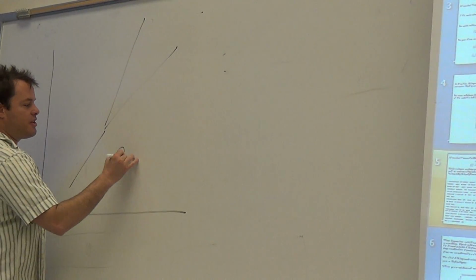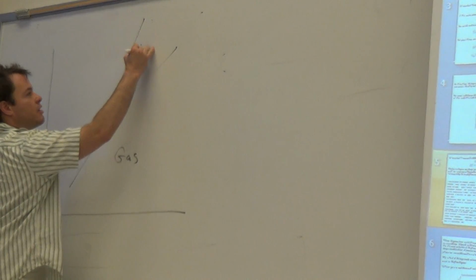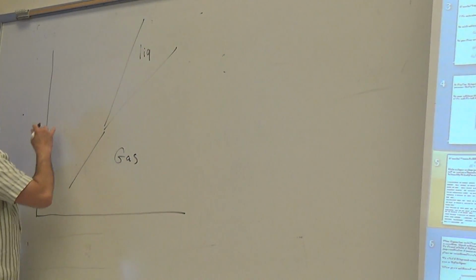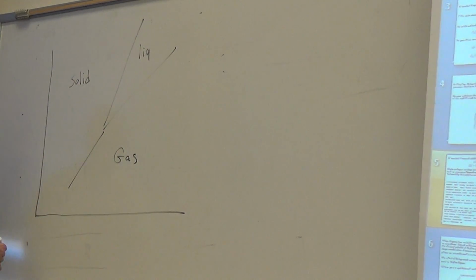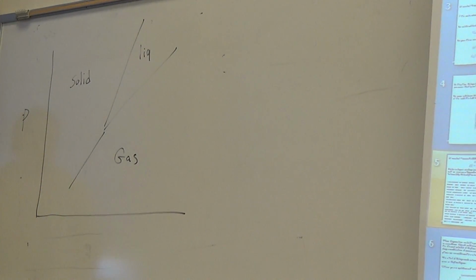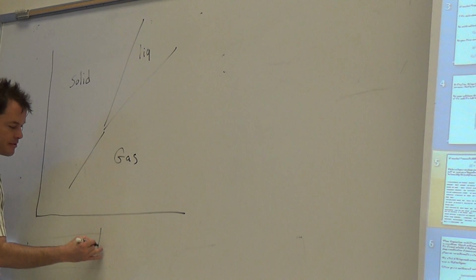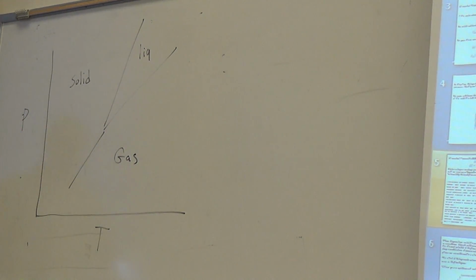We had the gas phase, we had the liquid phase, and we had the solid phase. And we had pressure on the y-axis, and we had temperature on the x-axis.